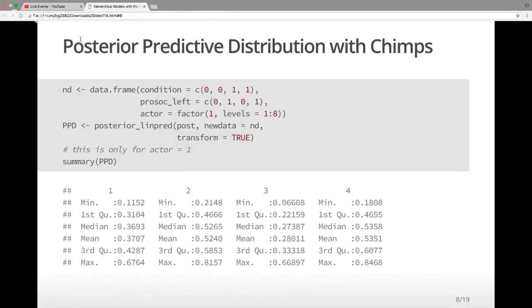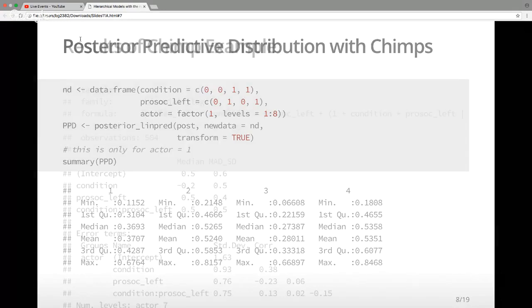You can do posterior prediction. Here we're just doing it for the first chimp. We can specify the exhaustive ways of which condition can either be yes or no, and the thing can either be on the left or on the right. We can get posterior probabilities as to whether that chimpanzee will pull the one on the left, and we can see how this varies depending on what the condition is.